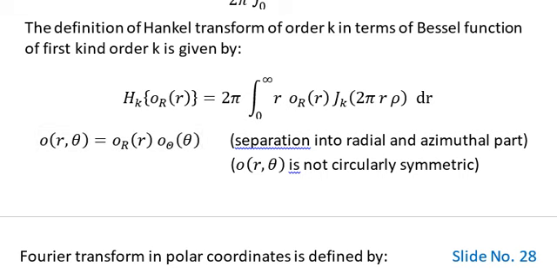So, separation into radial and azimuthal parts: we can separate the radial part and the azimuthal part, but we are not treating the azimuthal part as constant. The object O, which is a function of R and theta, depends on the radial part as well as on the azimuthal part. That is, O as a function of R and theta is not circularly symmetric.